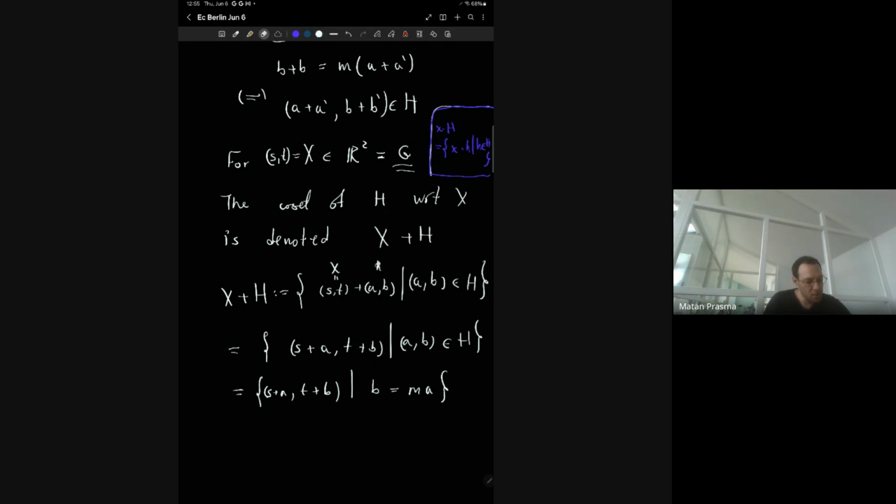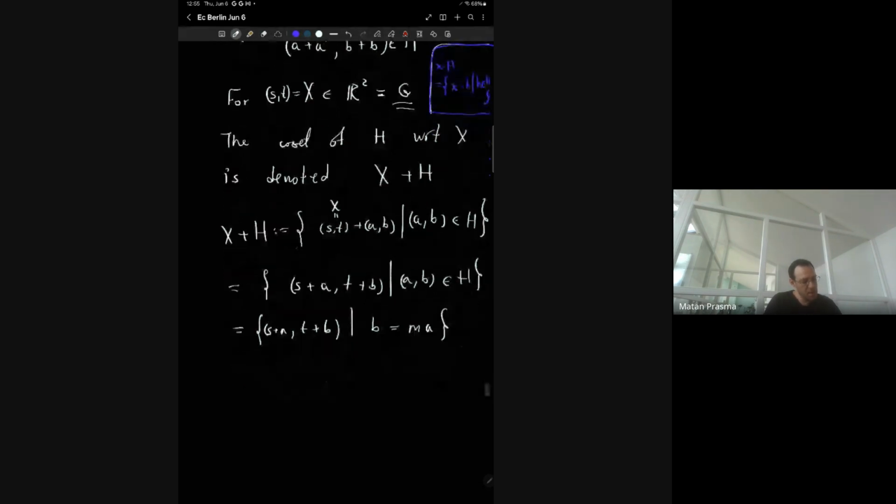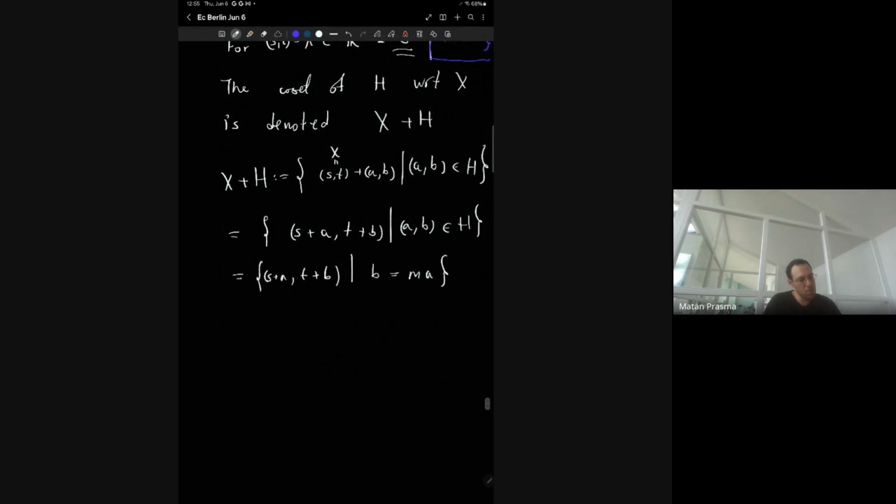Okay. So now, but what is it? I mean, I have this vector, say it is like this. This is x. x is (s, t).